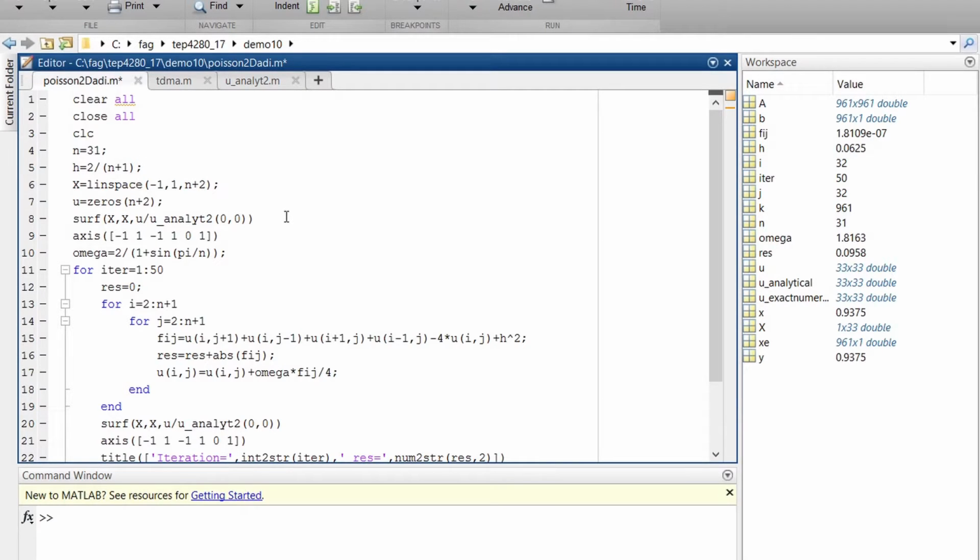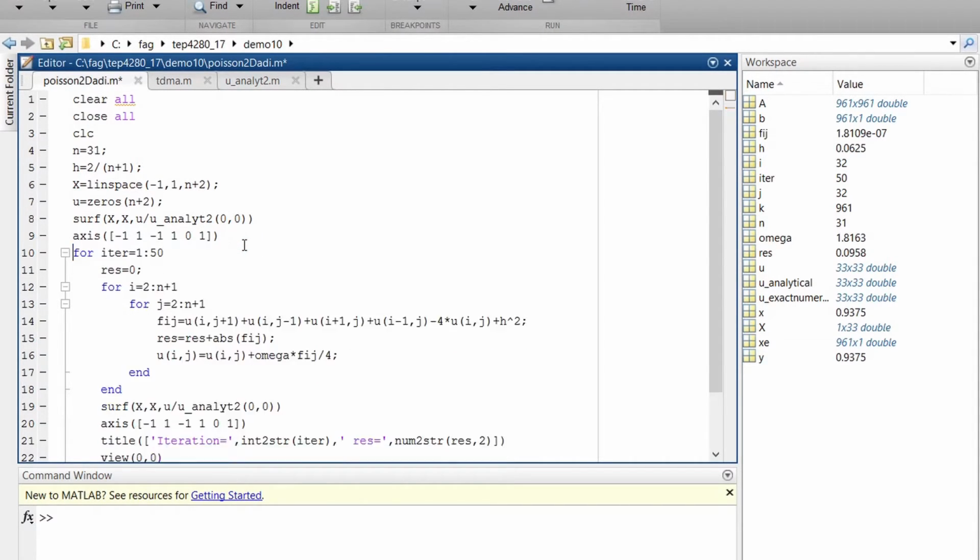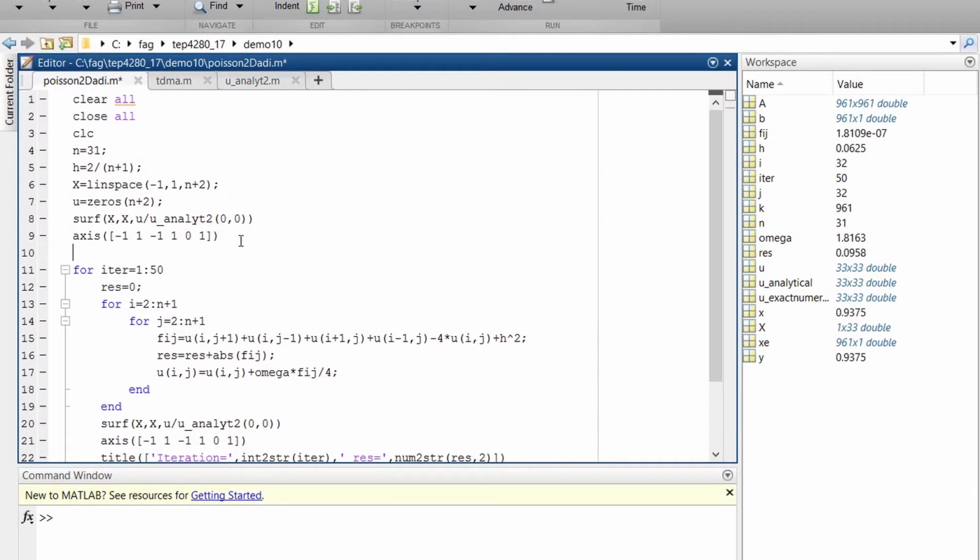Now here everything should be the same, but we don't need this omega anymore. Then we have to create our diagonals for the 3 diagonal equation systems.